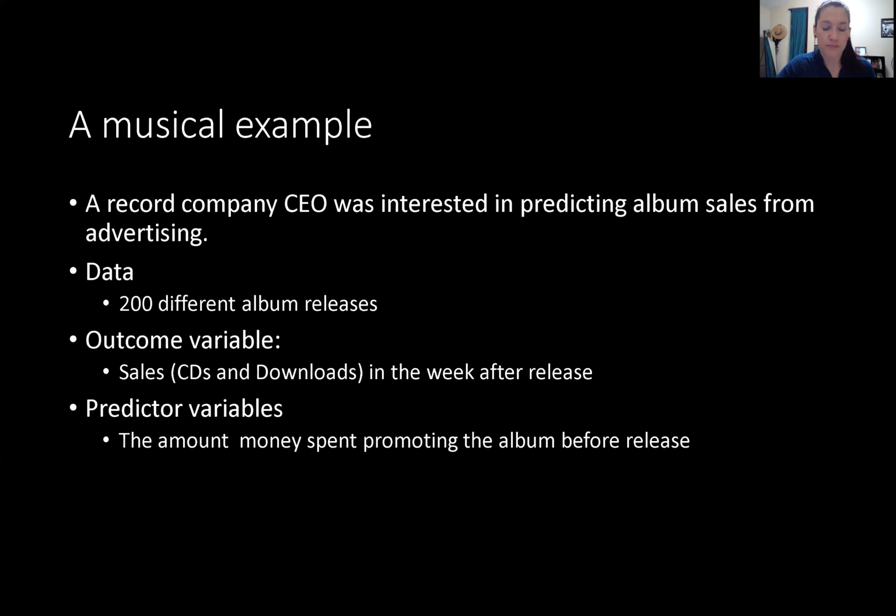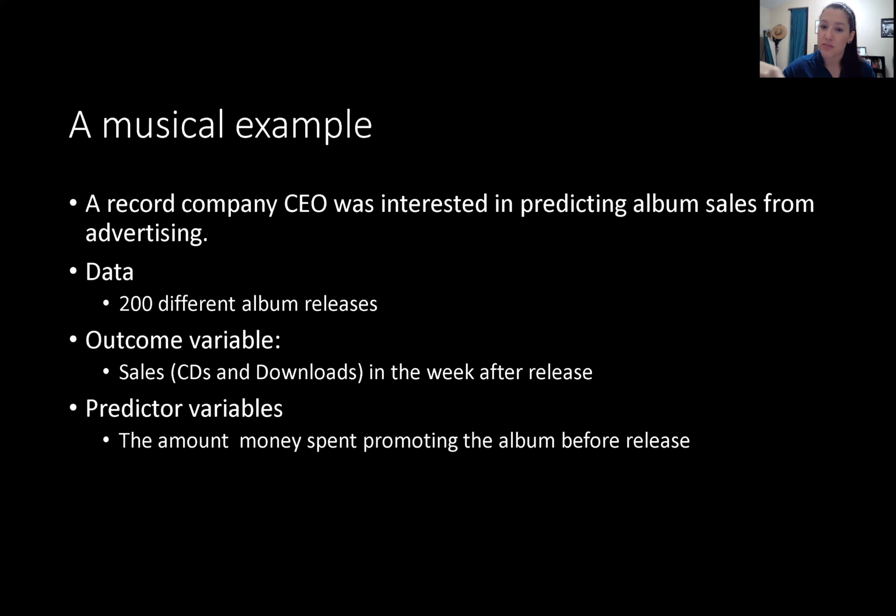Okay, all right. So how can we think about this using a realish world example? I do like this musical example. We're talking about a record company CEO who wants to predict album sales from advertising. So you've got 200 different album releases. Your outcome variable is the actual sales.